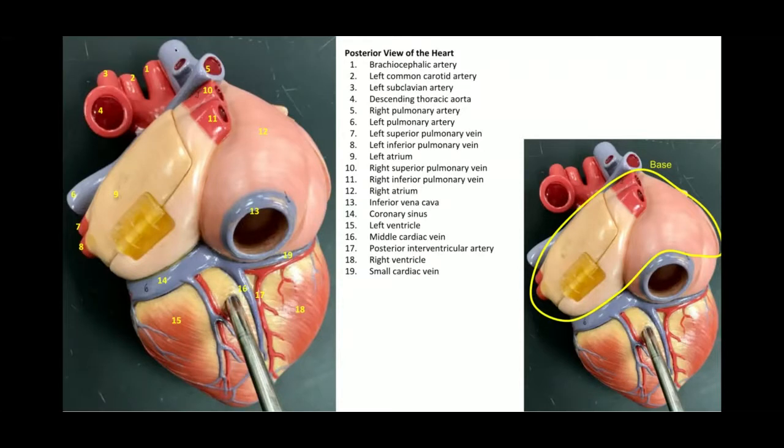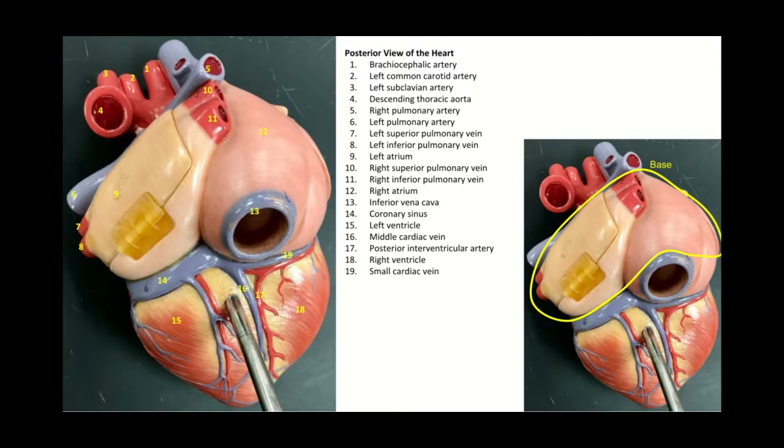Here you can see this vein. It's called superior vena cava, and we don't have a number for that. And number 13 is called inferior vena cava. Inferior vena cava can collect all the blood from the lower part of our body.